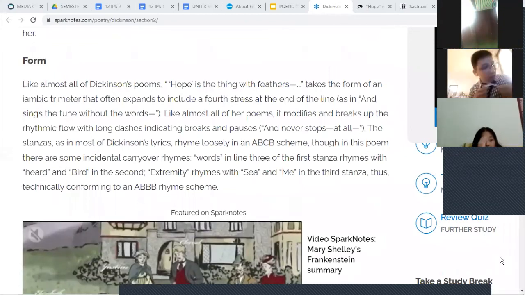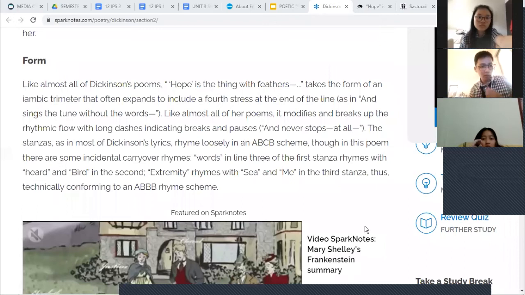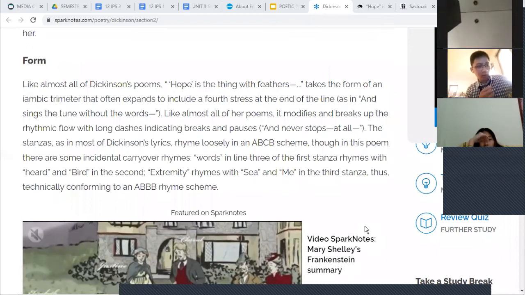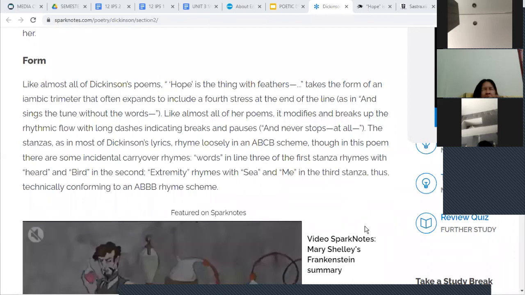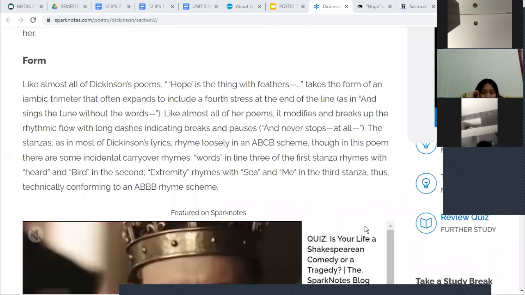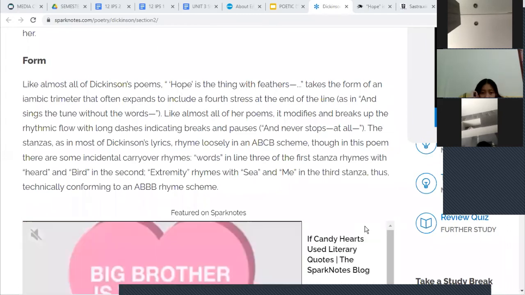Form. Like almost all of Dickinson's poems, Hope Is the Thing with Feathers takes the form of an iambic trimeter that often tends to include a fourth stress at the end of the line, as in "and sings the tune without the words."